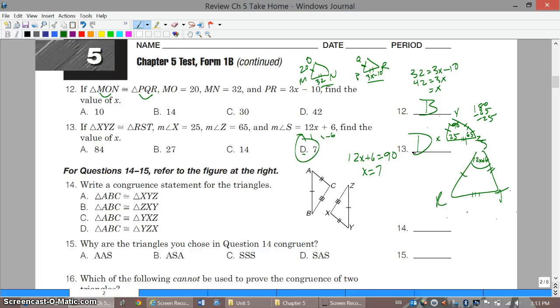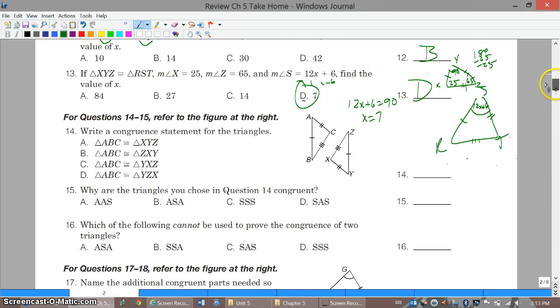Congruent statement, refer to the figure at the right. Write a congruent statement for the triangle ABC. ABC congruent to XYZ. Is that true? A is between 2 marks and 1 mark. X is between 2 marks and 3 marks. No. A, 2 and 1. Z, 3 and 1.